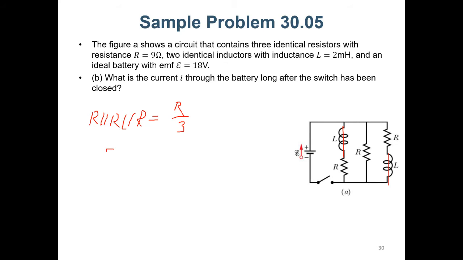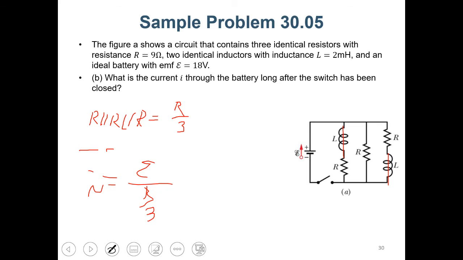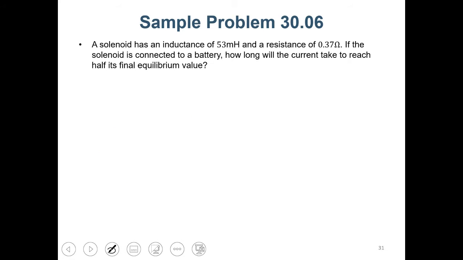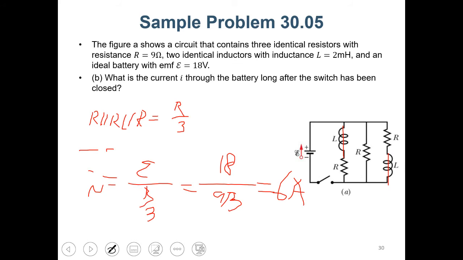So I should be E over R over 3, which is 18 over 9 over 3. 9 over 3 is 3, so which is 6A. So very easy also. Any questions? No questions.